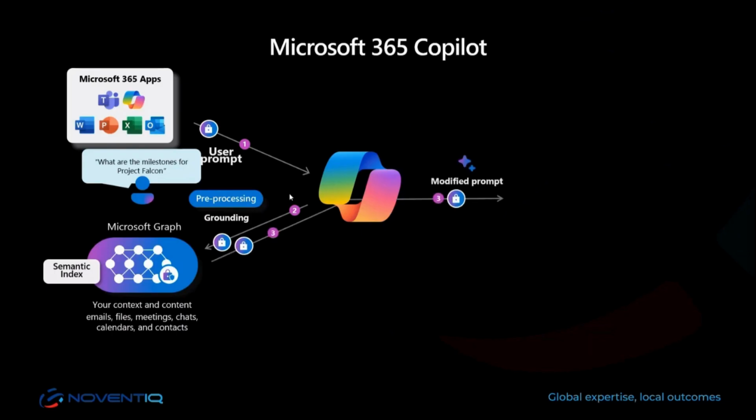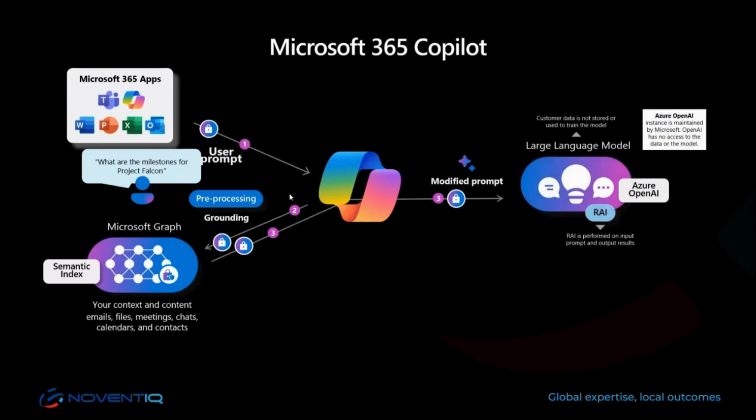Now, your prompt is being understood, grounded by the graph, and then it is modified and sent to the foundational model that is hosted on Azure OpenAI, something that is managed by Microsoft. The version of that Azure OpenAI is managed by Microsoft altogether. And then the prompt is engineered again there, and there is an LLM response that comes back.